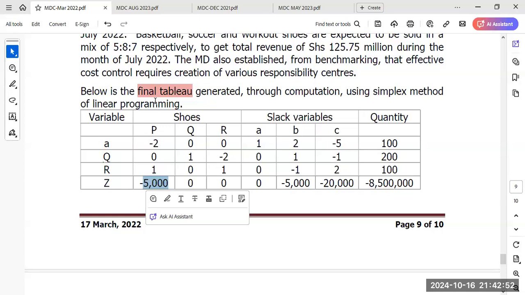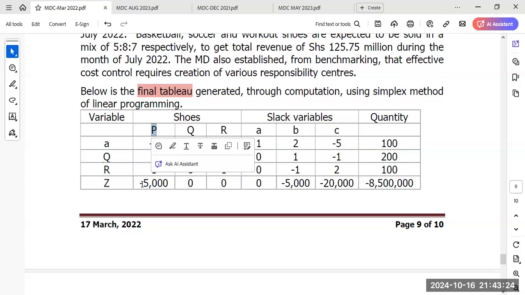So if the company goes ahead and produces this product P, then you will end up reducing your profit by this amount of money.